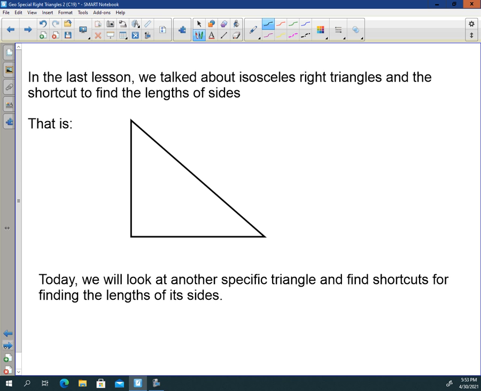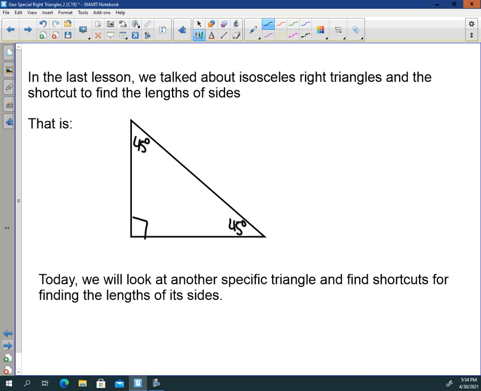In the last lesson, we talked about isosceles right triangles and the shortcut to find the lengths of sides. This is what we did when we did the warm-up. That is, if you have a right angle and you either know that two sides, the legs, are congruent, or you know that two angles are 45 degrees, or actually it just takes knowing one angle is 45 degrees, because of course that means the other one is too.